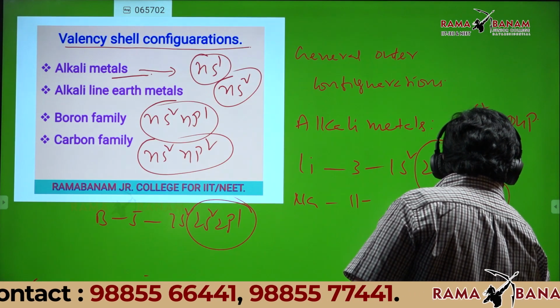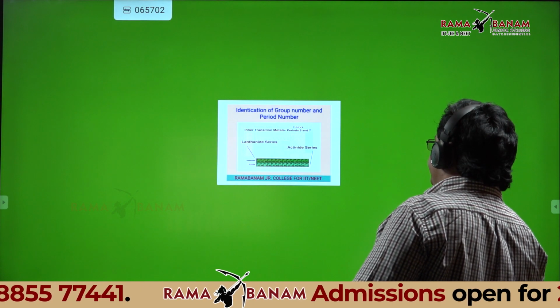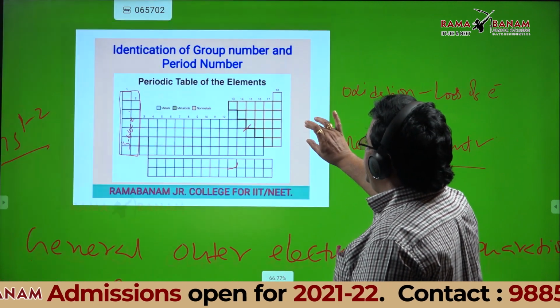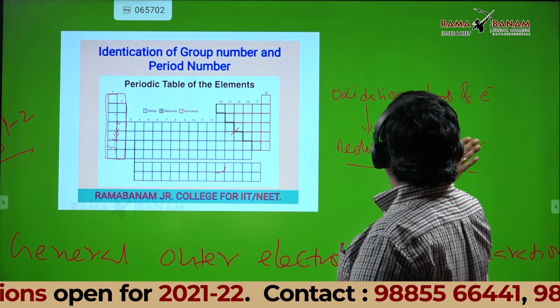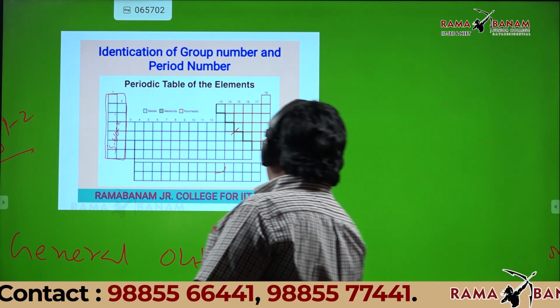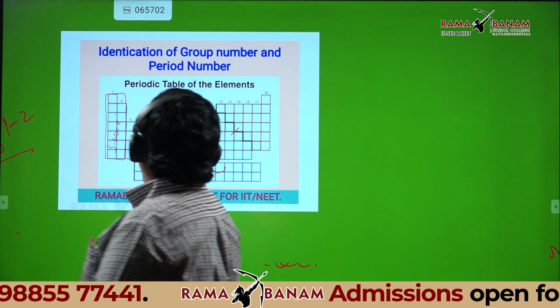Can I go to P block? Just see the periodic table, students. Don't write anything. Just concentrate on the board. Which part of this long form is P block? Can anyone tell?